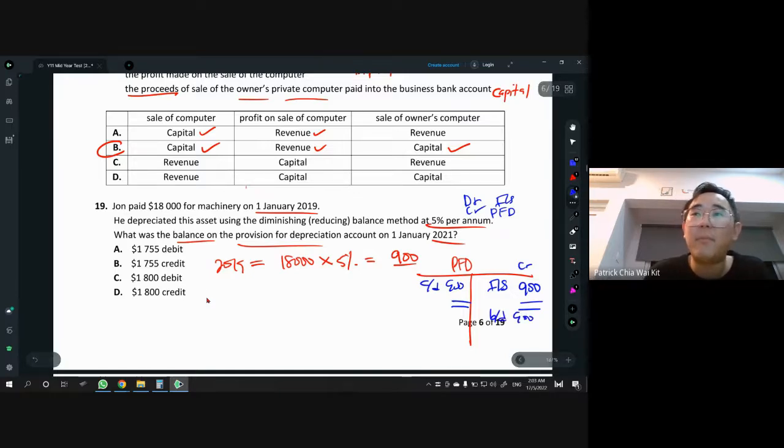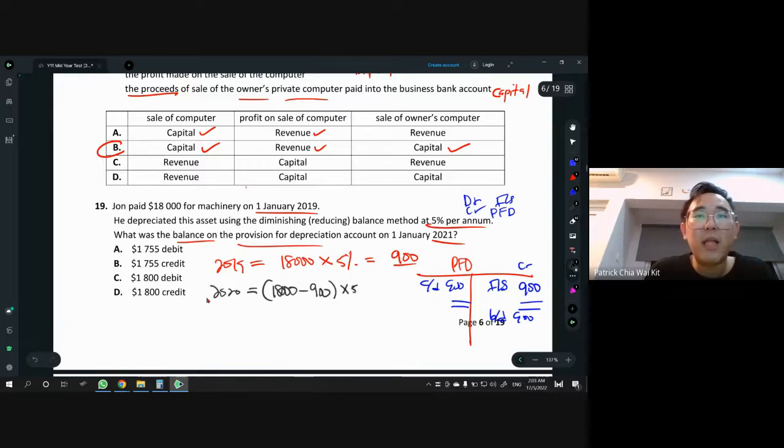Now, second year, 2020. In the second year, using the reducing balance method, what's the formula again? You have to take NBV, net book value. How to calculate net book value? Take the original, which is 18,000, and you have to minus the first year depreciation.